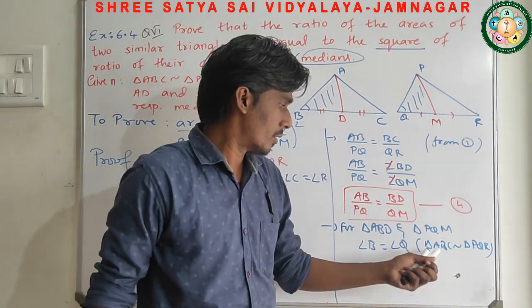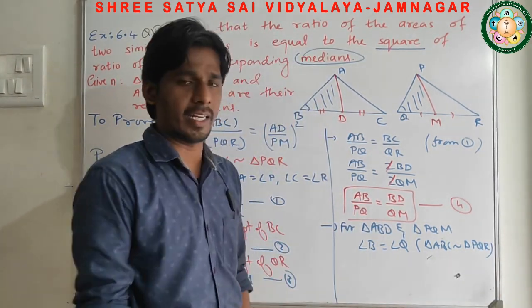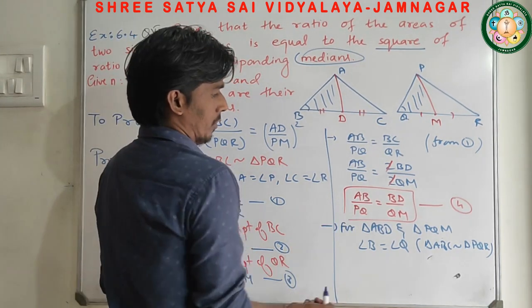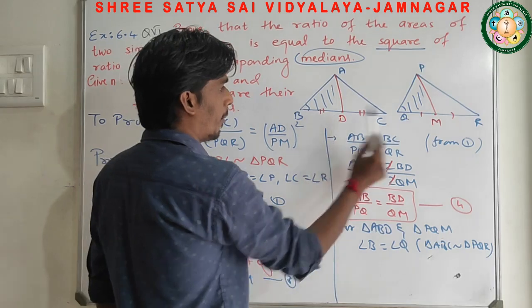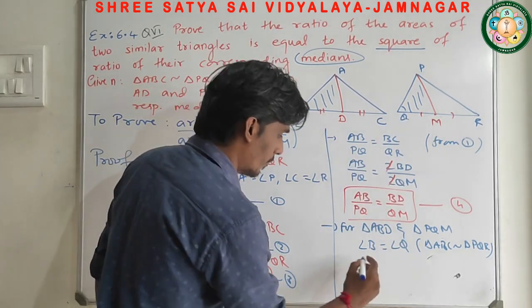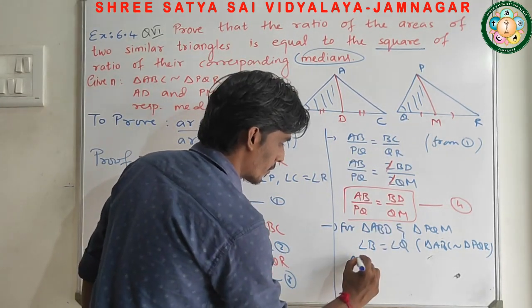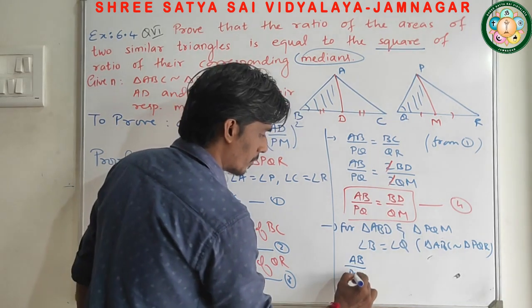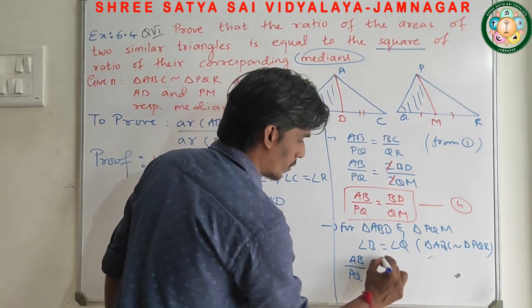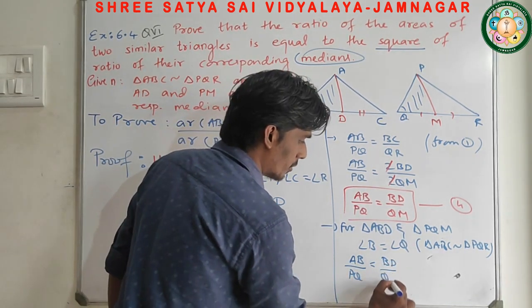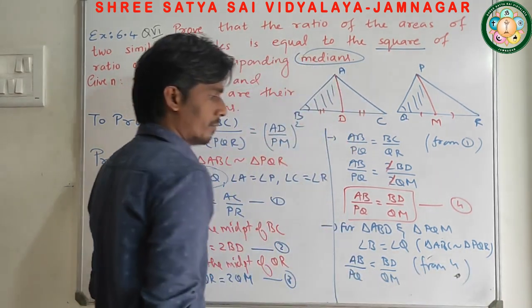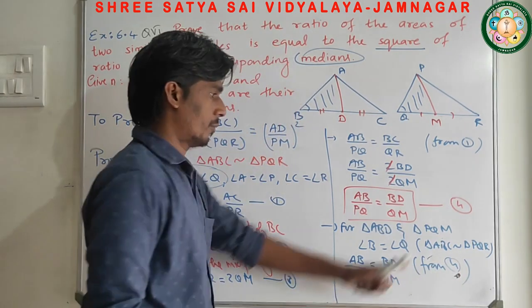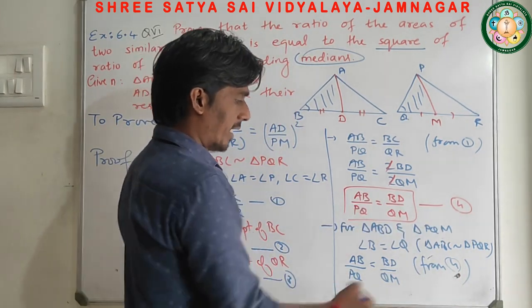As triangles are similar, corresponding angles are equal. Now this ratio AB upon PQ is equal to BD upon QM. From 4, AB upon PQ is equal to BD upon QM. Reason from 4. From this fourth equation, these are equal.